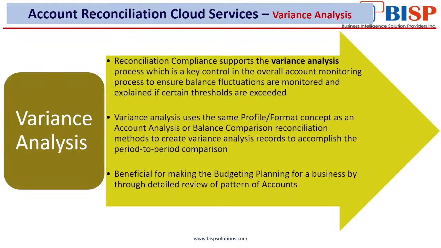That is, we keep control on the fluctuations in the different account balances and have them explained if certain thresholds are exceeded. If a fluctuation is more than the threshold limit, we can provide an explanation with the help of this variance analysis method.